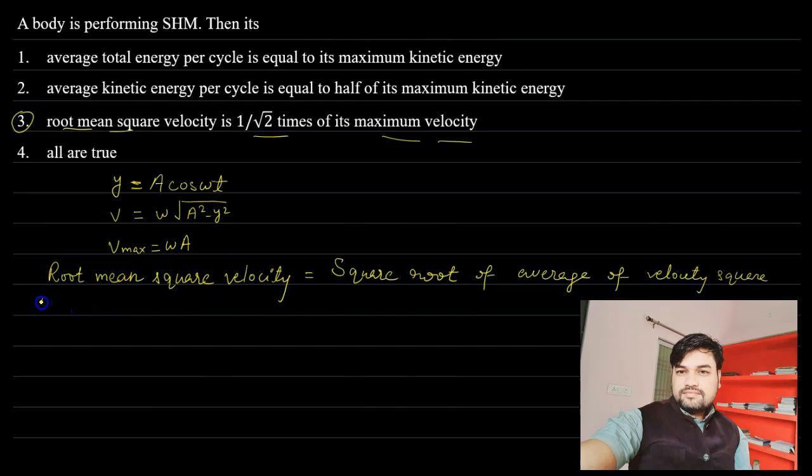So Vrms is the square root of the average of V square.